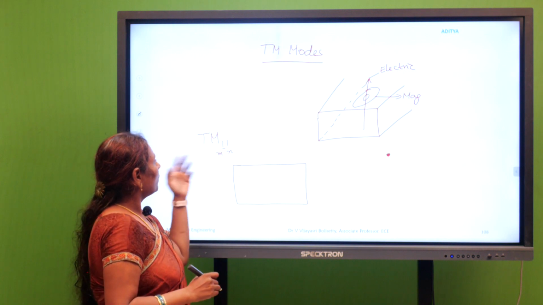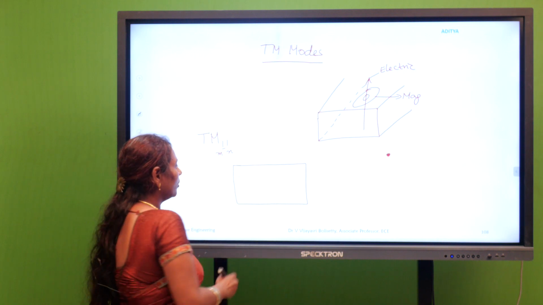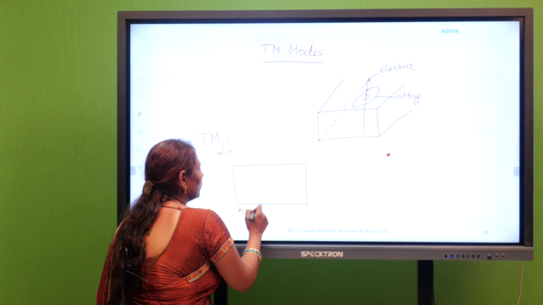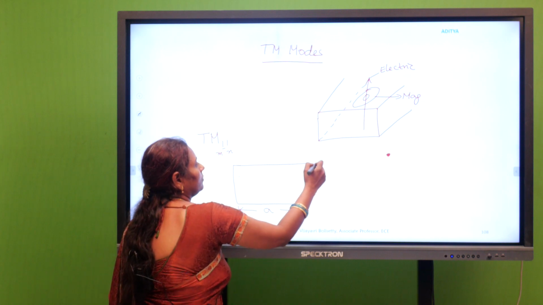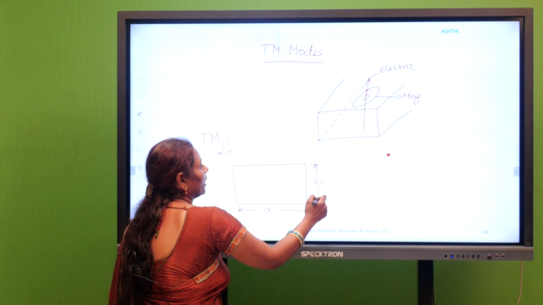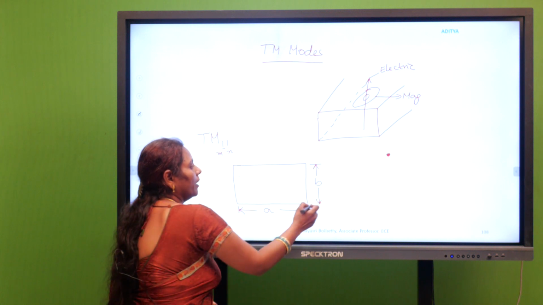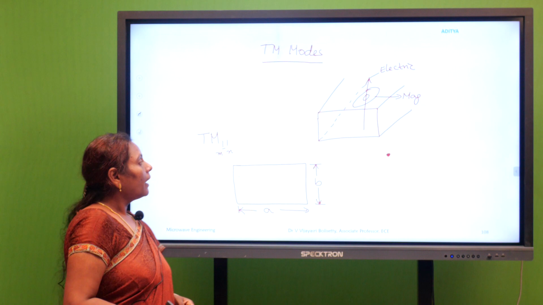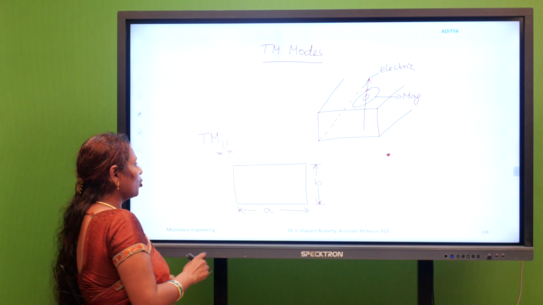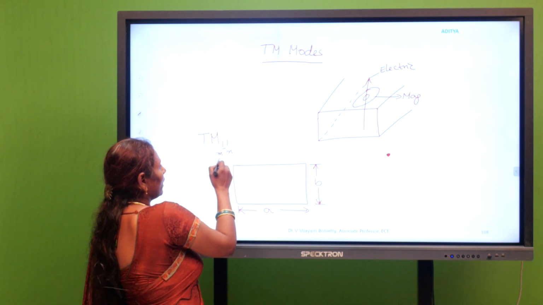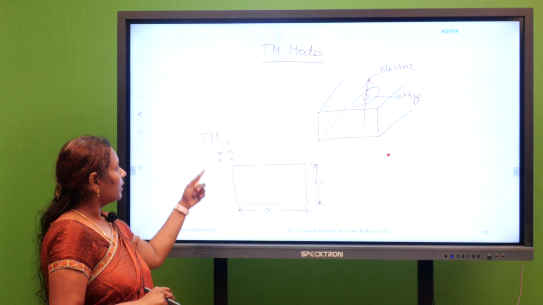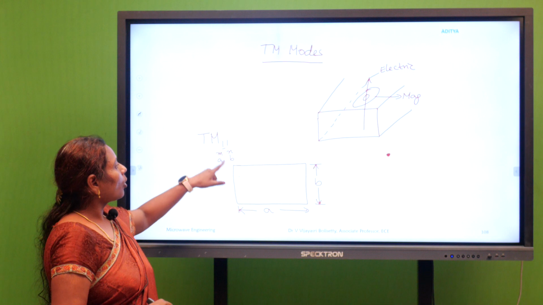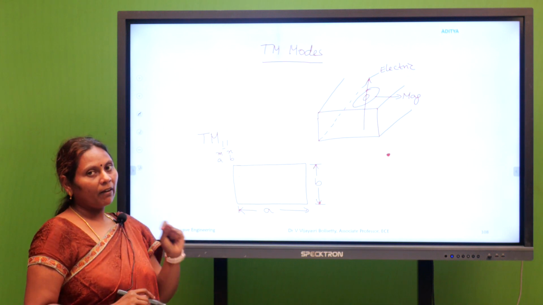Here, whether it is TE or TM mode, this is the broader dimension of the rectangular waveguide and this is the narrow dimension of the rectangular waveguide. This is A and this is B. And for this, if we say that M is 1, that means onto A there is one variation, and onto B there is only one variation.